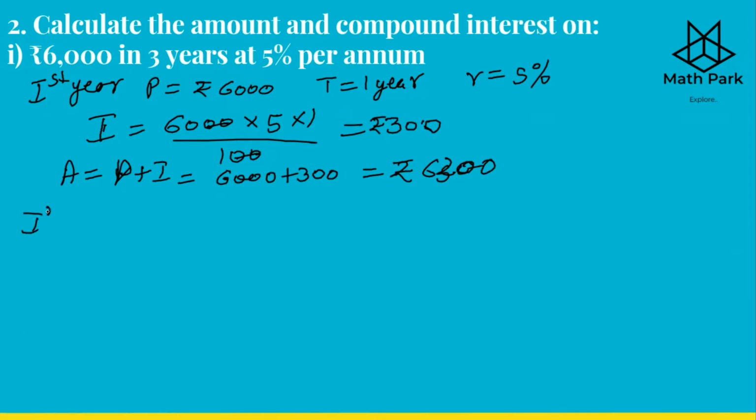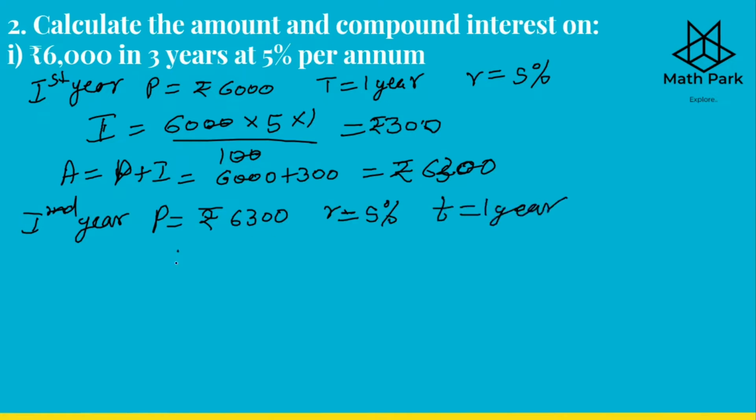So now for the second year, we have principal equal to rupees 6,300. The rate is again 5% per annum only. The time is 1 year only. And now we find the interest. It is again 6,300 multiplied by 5 into 1 upon 100.